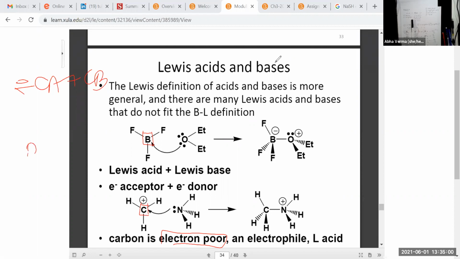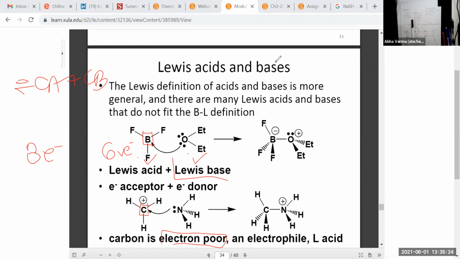What is the octet rule? The octet rule states that in the valence shell, there have to be 8 electrons. But when you look at borane, it only has 6 valence electrons. So among both of these, this molecule is severely electron deficient.